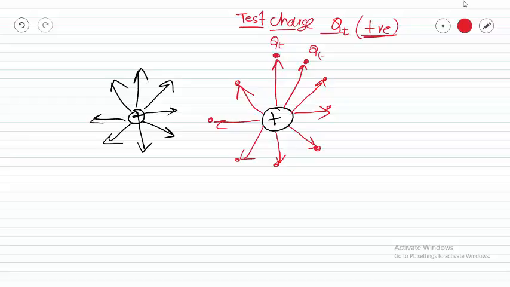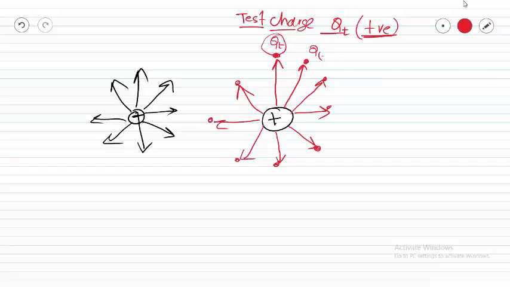So these field lines represent the force experienced by the test charge. Or else we can say the field lines show the direction of the force on a test positive charge if it were placed in the field. So we placed this test positive charge in this field, and these lines show the direction of force on it.